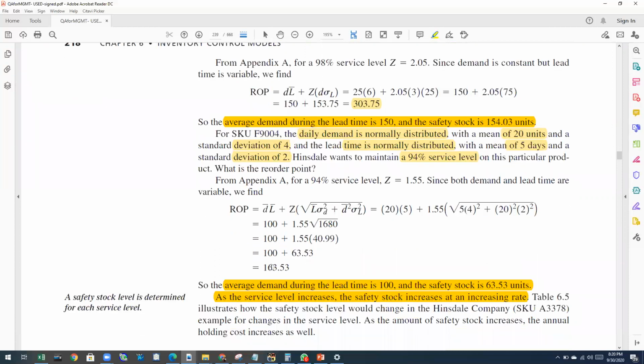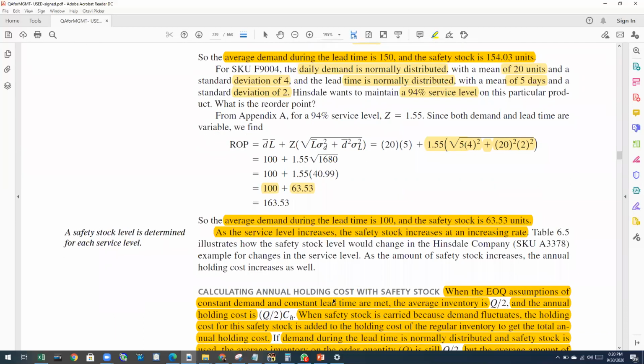So what we get is 100, the average demand during lead time, 20 by 5. And we get the second component, the safety stock, from this expression here, 63.55. So the reorder point is when the inventory level hits 163.53.